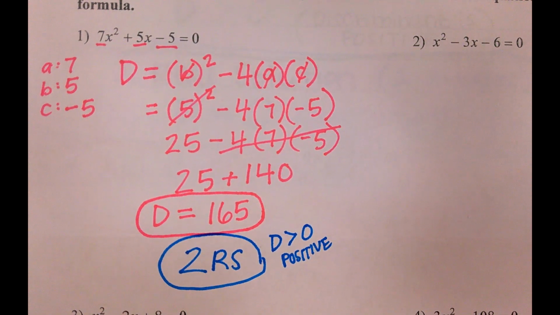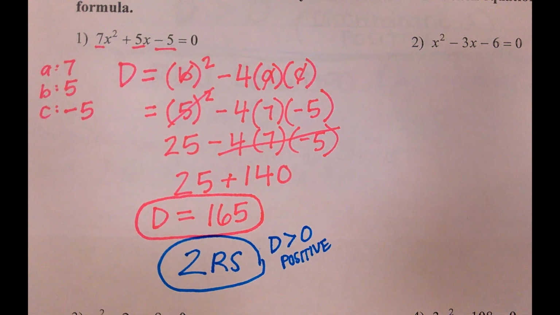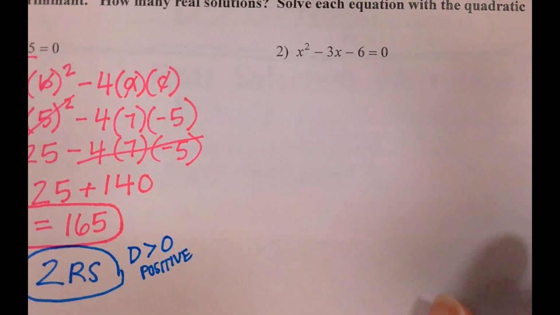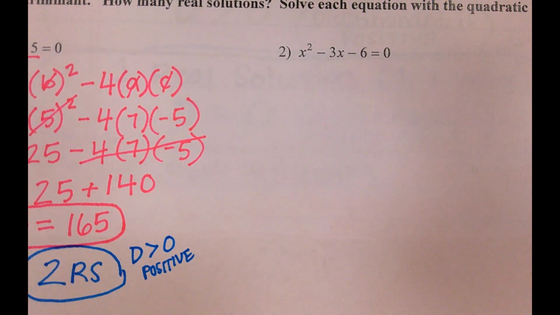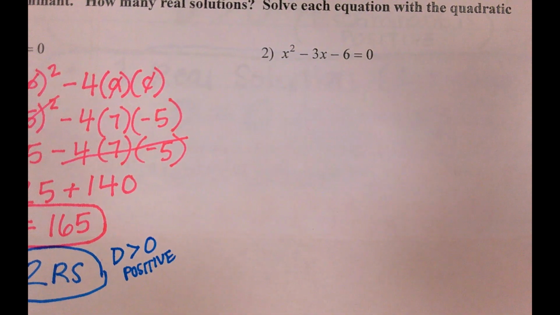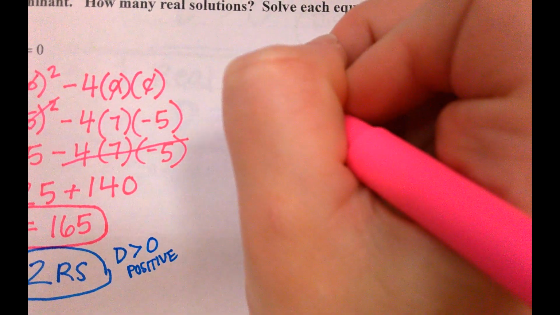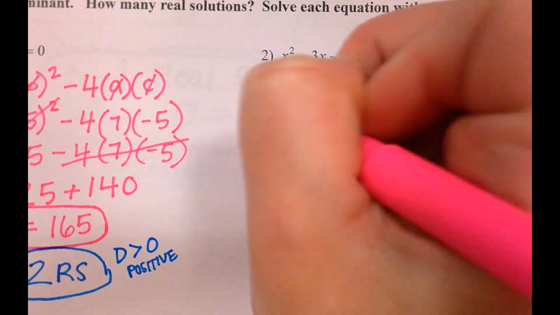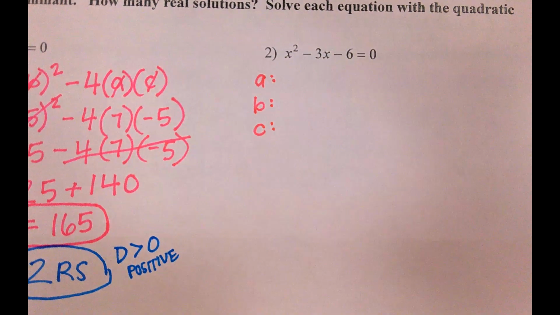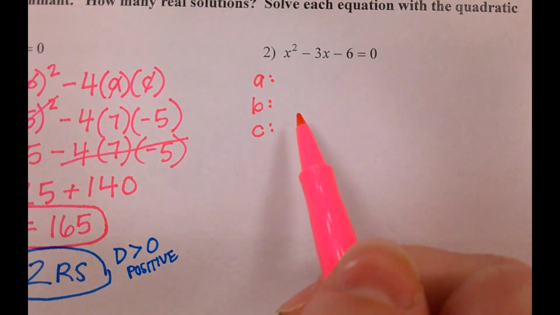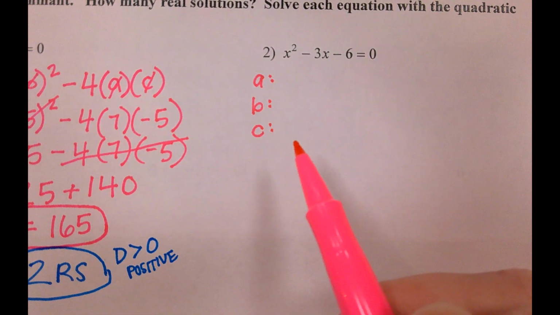Okay, can we look at number 2? All right, so number 2, x squared minus 3x minus 6 equals 0. What's the first thing I should do? Figure out your A, B, and C. So what would my A be?